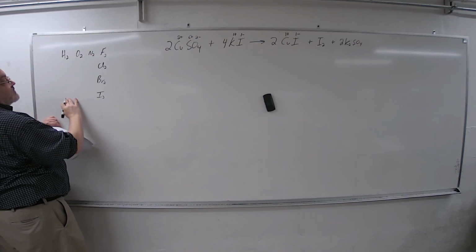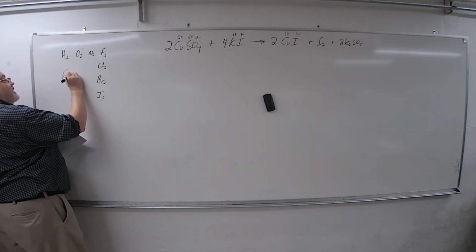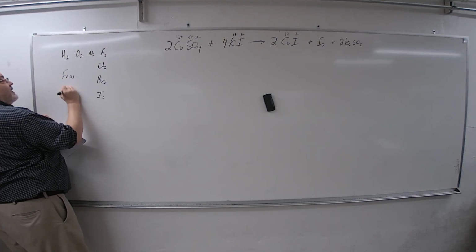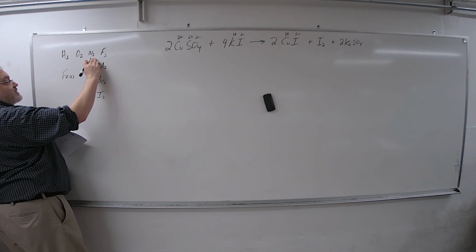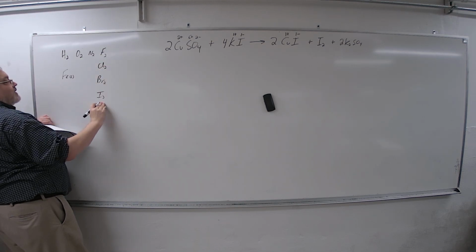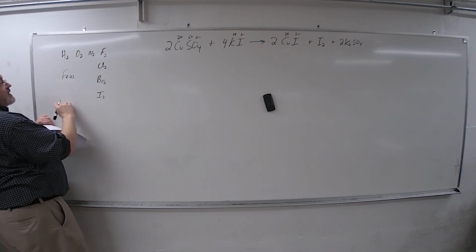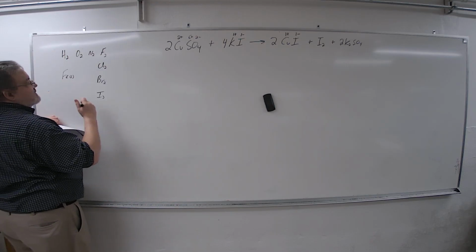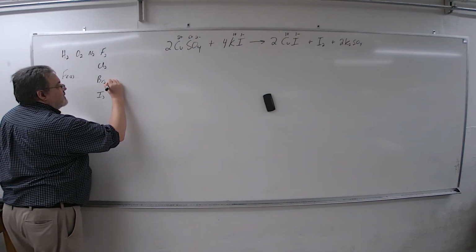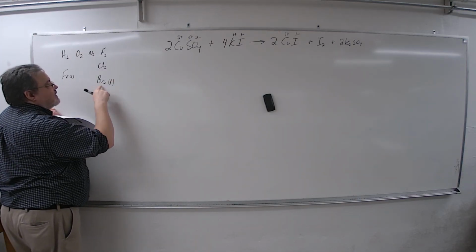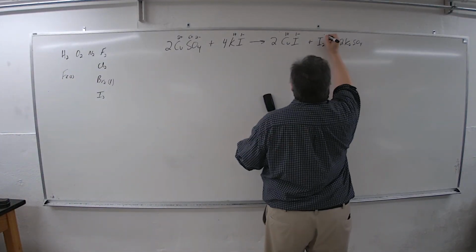So don't miss those. Those are always 2. Any metal, like Fe, if it's got an S there, that's also elemental. That's by itself. This is just hydrogen, just oxygen, just nitrogen, just fluorine, chlorine, bromine. Any metal that you see by itself is also elemental. I think at room temperature bromine is liquid, so you might see L on it. But this is elemental, I2 is elemental.